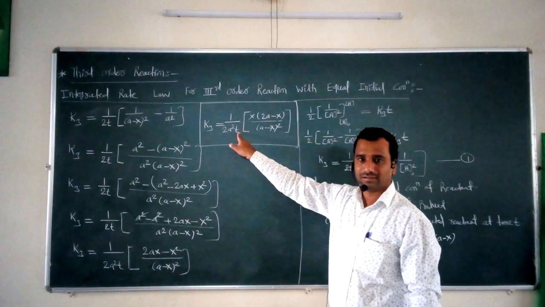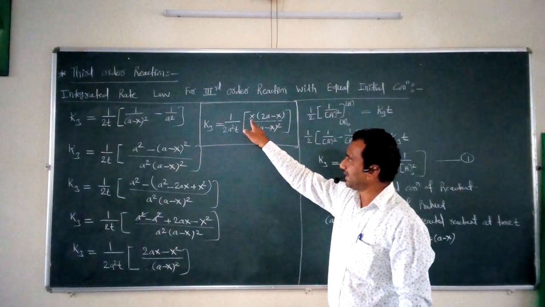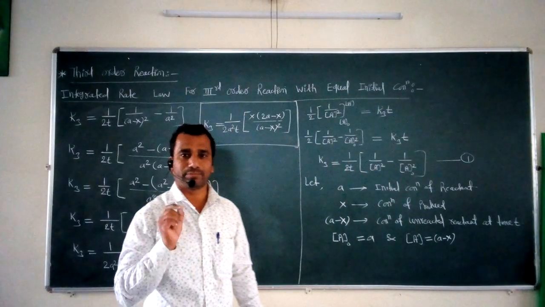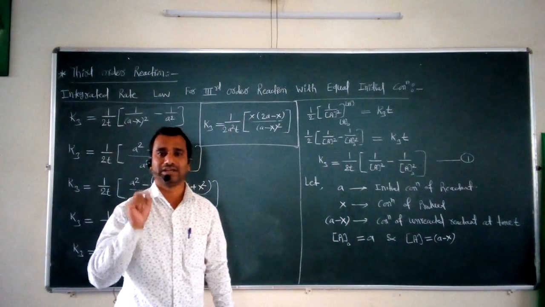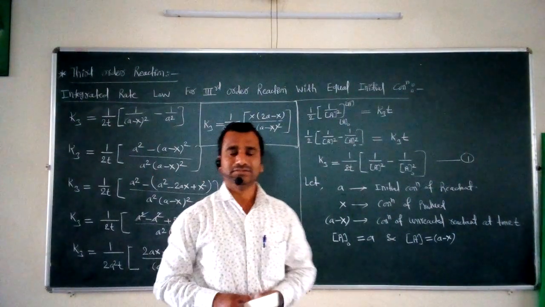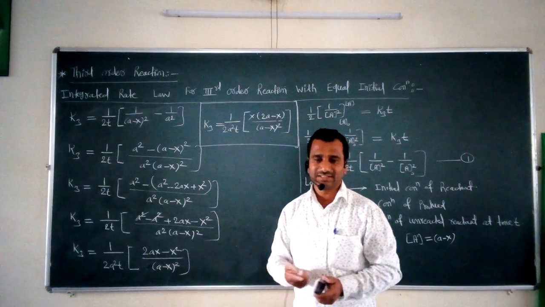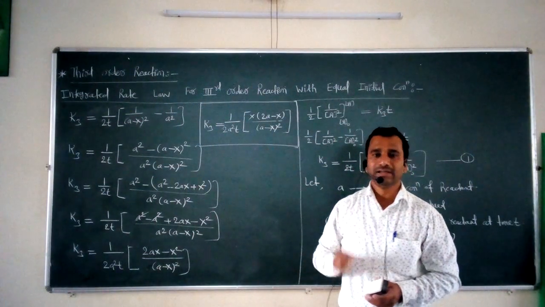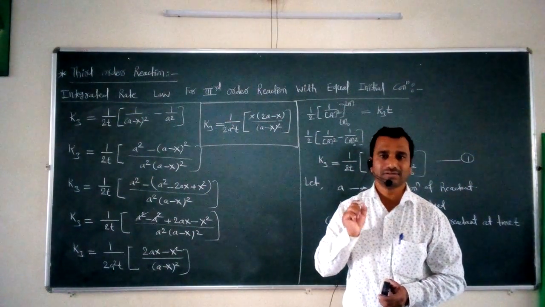This t is a time parameter. x is nothing but the concentration of a product at a particular time small t. So this is a very important equation as far as the solution of the numericals is concerned. For solving the numericals, we have to take into consideration this particular simplified form for a third order reaction.